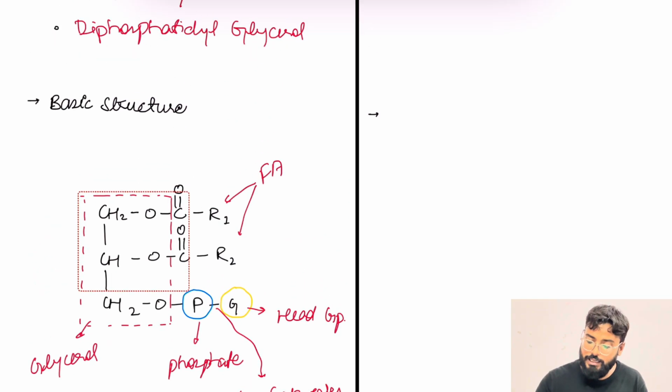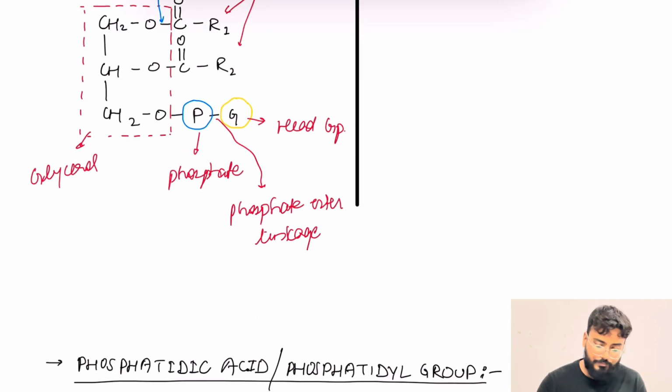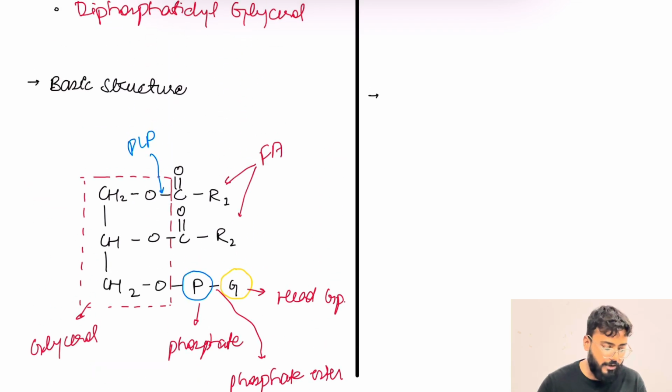Now one more thing that you need to remember here is what the enzymes are that break specific bonds at specific locations. The enzyme that breaks the bond between the glycerol backbone and the first fatty acid is phospholipase A1.